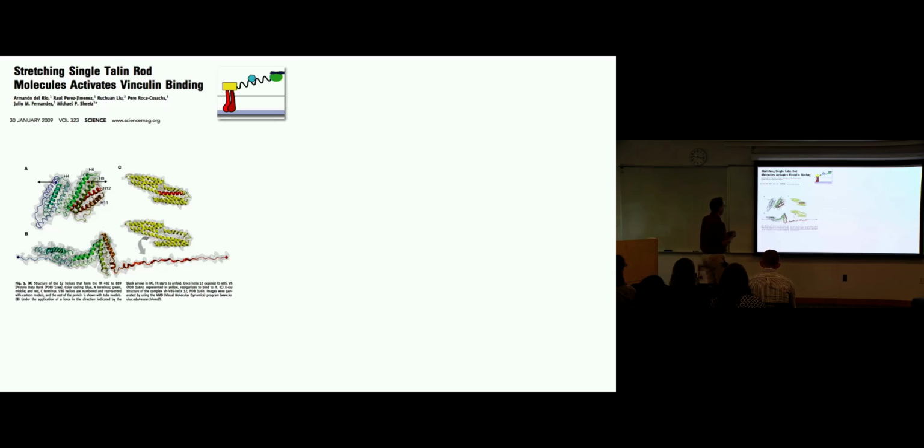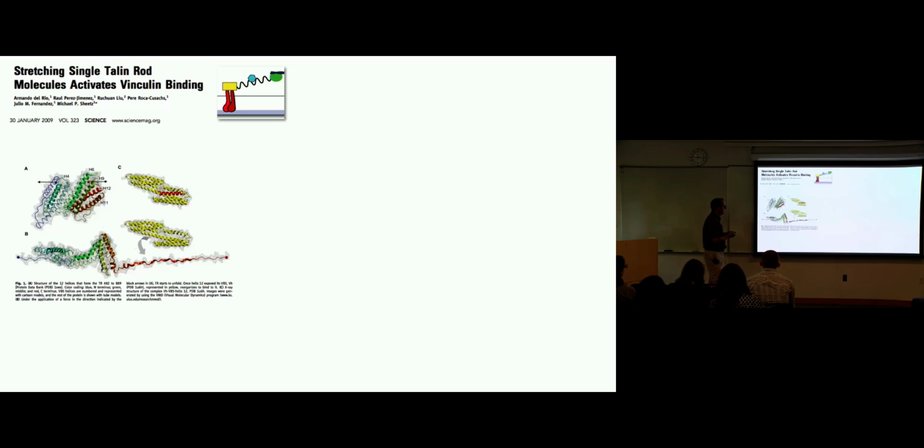And this is the high-resolution structure of talin. One of the things that the field had thought is that if this molecule is under mechanical load, it will stretch and reveal a binding site for this protein called vinculin.